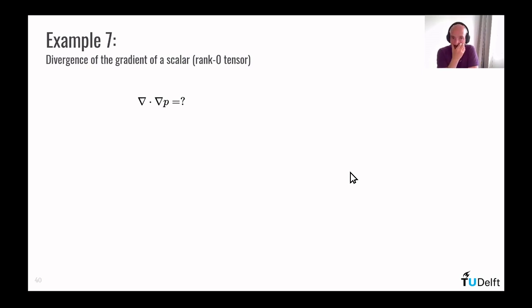What about this expression here? How can we use Einstein notation to represent the dot product between the Nabla operator and the Nabla operator applied to a scalar P, pressure P?